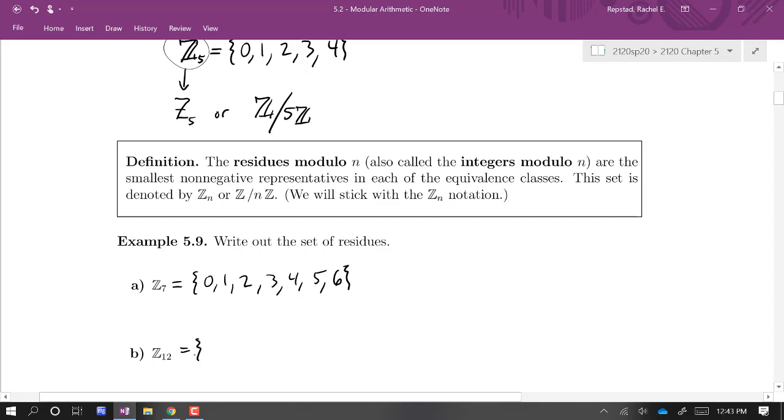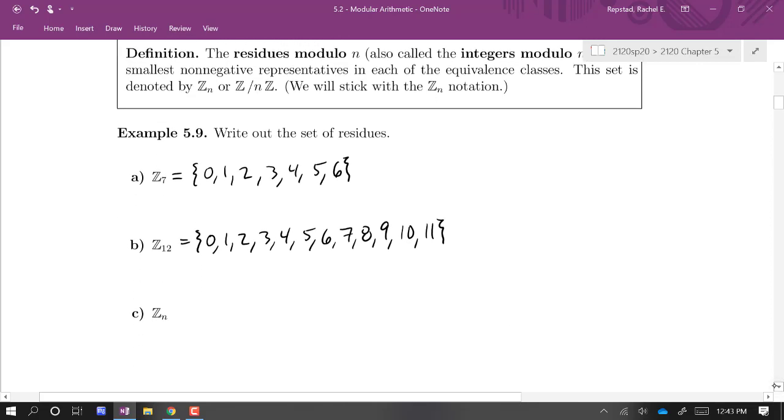Z12, the remainders upon division by 12, go from 0 to 11. And I could do this for any n. So for Zn, I'm going to start at 0, and I stop at n minus 1. So the set Zn has n integers in it, from 0 up to n minus 1.